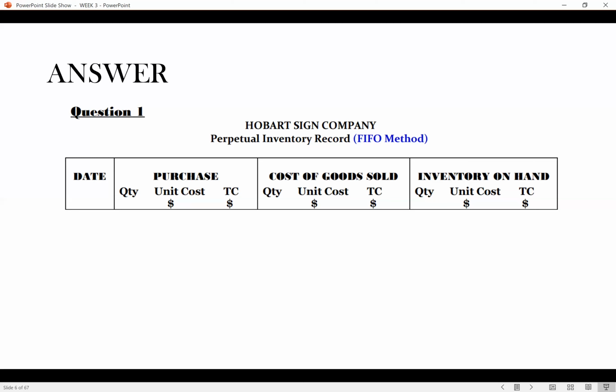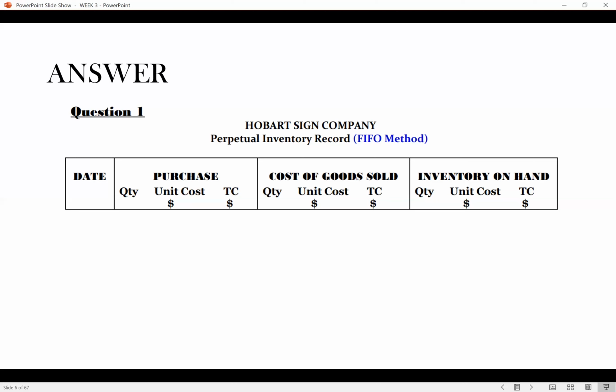What it cost you to sell the good is based on your purchasing price, right? So what gives you a full idea or a detailed idea of all the goods that you have on hand at any particular time is your inventory on hand column. So that's the cost that you'll be using there, right? And we know we multiply unit cost by quantity to get total cost.